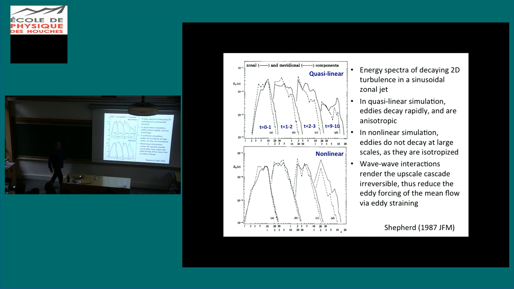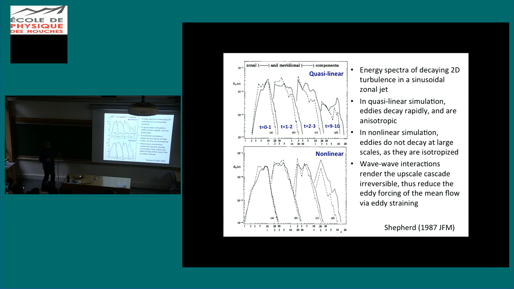Whereas in the nonlinear state, you see, and also there's not really any anisotropy, and there should be no mechanism, because basically the eddies are evolving without seeing each other. But in the nonlinear case, first of all, things become much more isotropic, even at the large scales, and there's much less decay. So you can think of the wave-wave interactions, or the turbulence, as scattering, I guess that's the term Brad would use, across the different wave numbers.